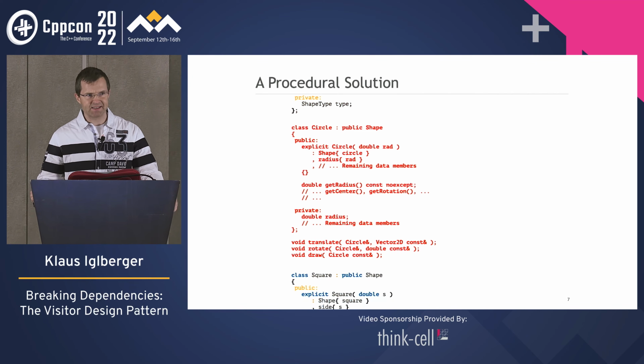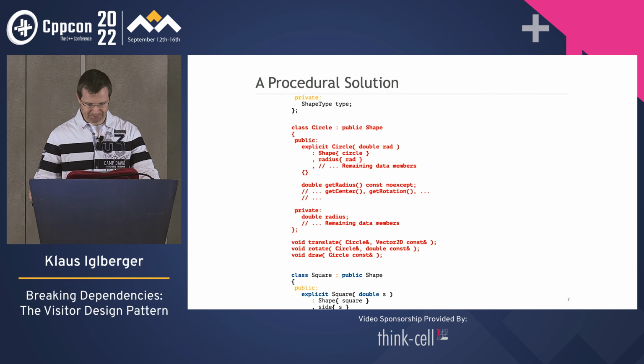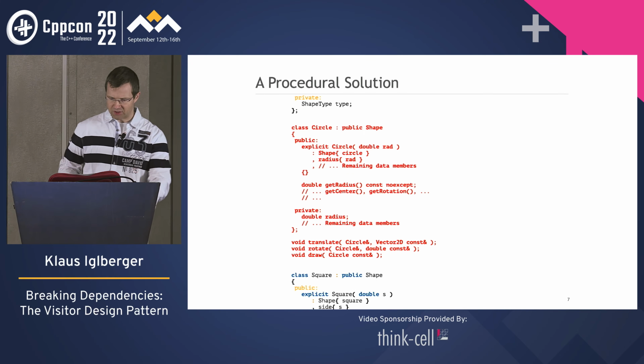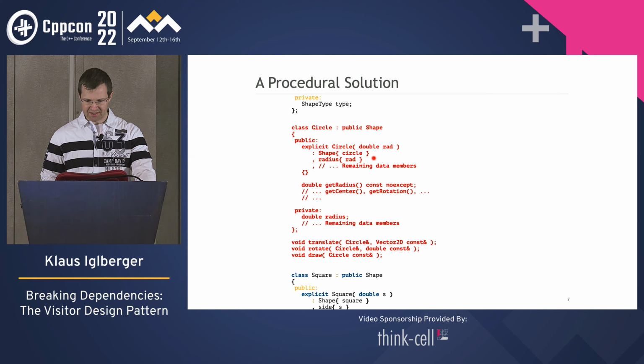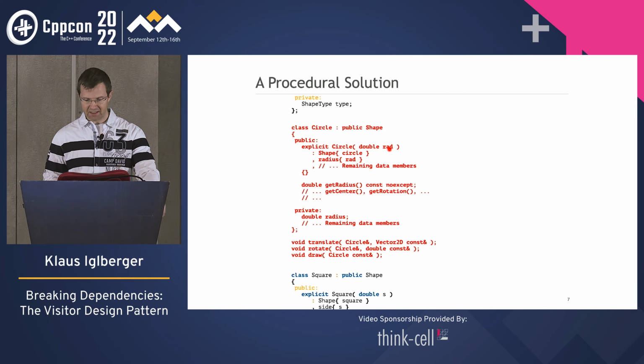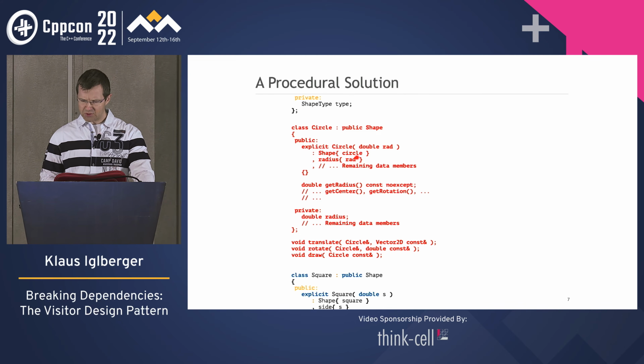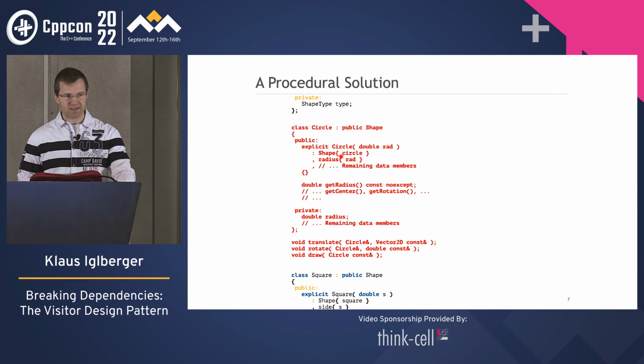The circle class derives from that shape class. It's a pretty straightforward circle. So the circle, for instance, takes a double value. This is the radius. Initialize its data member. It can definitely take more, a center point, other circle properties, whatever you need. There are definitely some getters. There are data members. But most importantly is this line.